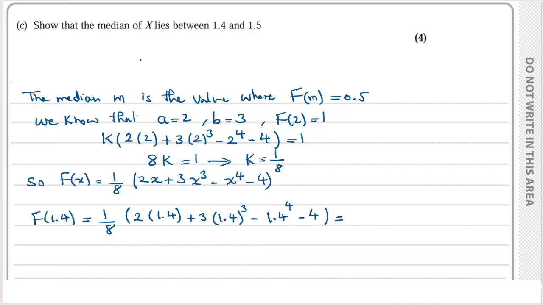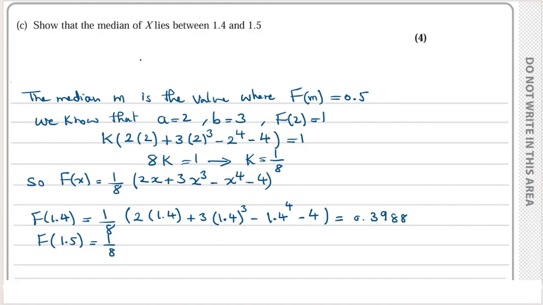Plugging this into our calculator, we get 0.3988. Then we evaluate F of 1.5.